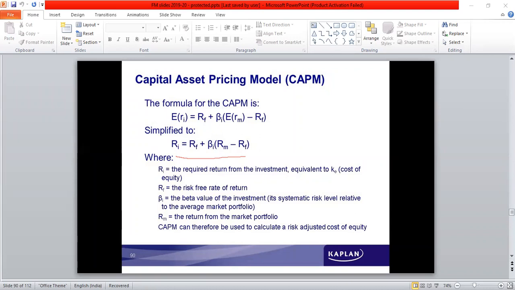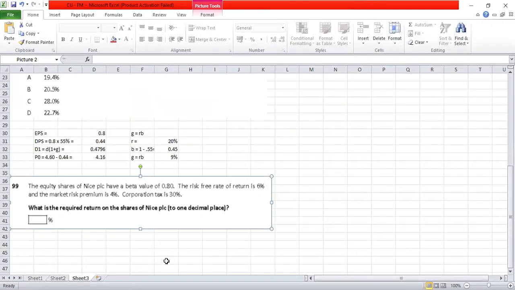We can take up that question and substitute the values. Let's work it out.